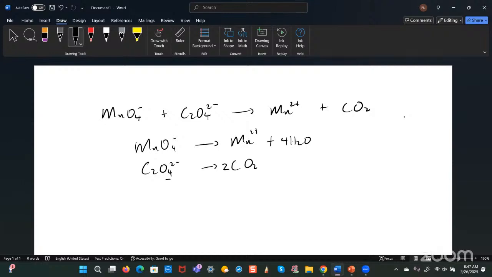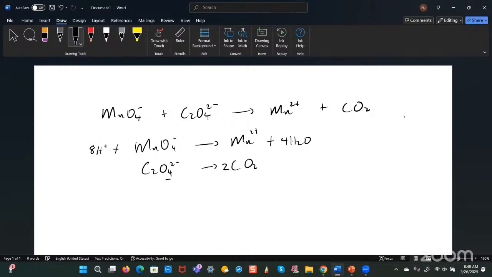After balancing the oxygen, the next step would be to balance what? The hydrogen. Hydrogen, and how do we balance the hydrogen? By adding just hydrogen ions. Yeah, by adding hydrogen ions. So, what does that mean for the first half equation? 8 to the reactant side, okay, very good.